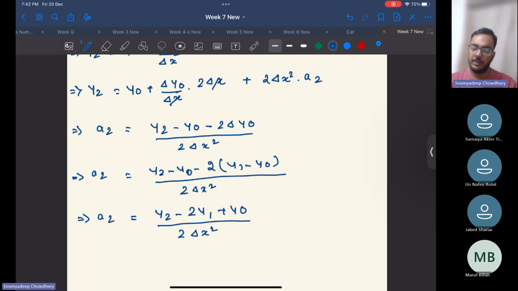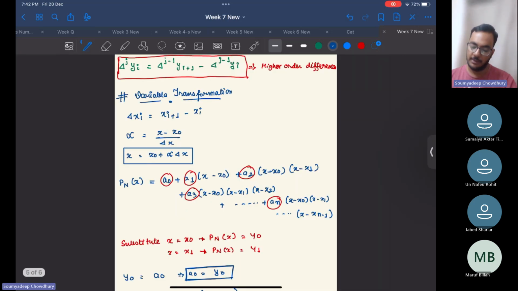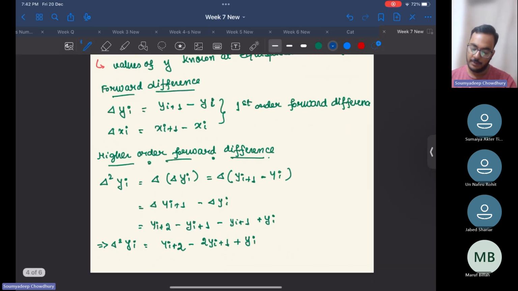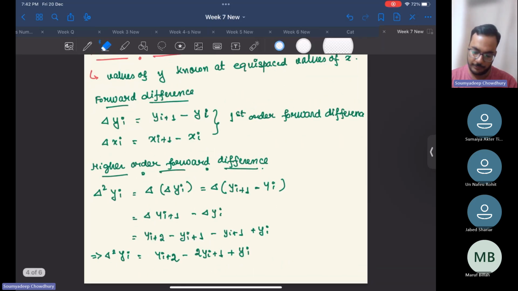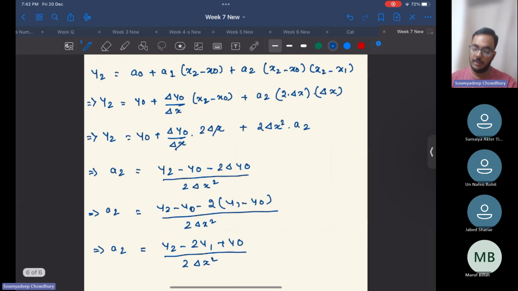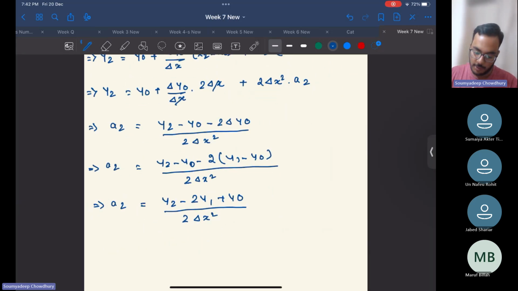What is y2 minus 2y1 plus y0? We have just seen it, right? It is the second order forward difference, del square y0. So in place of y2 minus 2y1 plus y0, we can write a2 equal to del square y0 by 2 del x square.